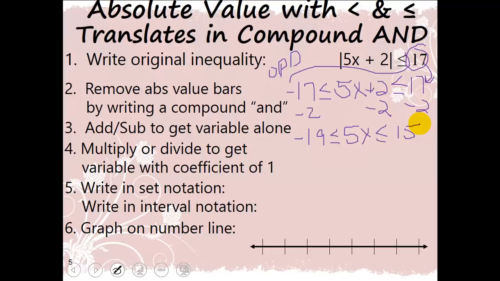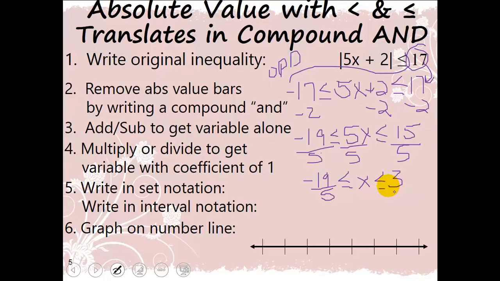And then I'm going to divide by 5. That's the coefficient on x. And then I get -19 fifths is less than or equal to x is less than or equal to 3.